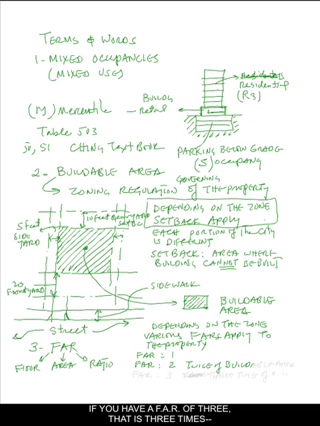If you have a FAR of 3, that is 3 times. Did I say it right fast? 3 times of buildable area.